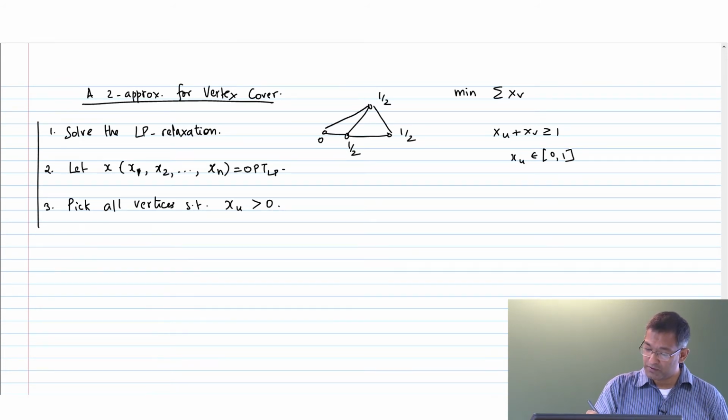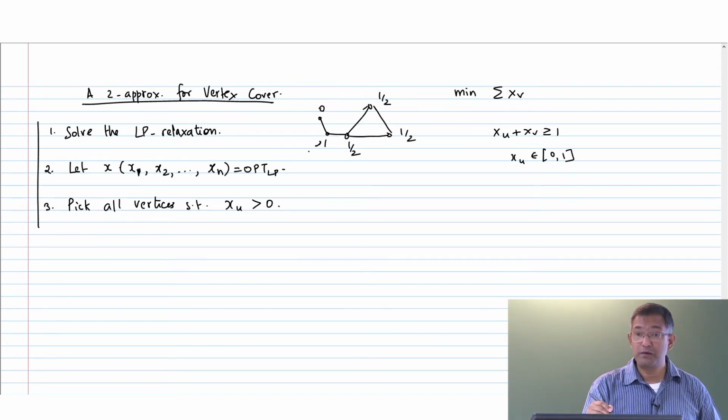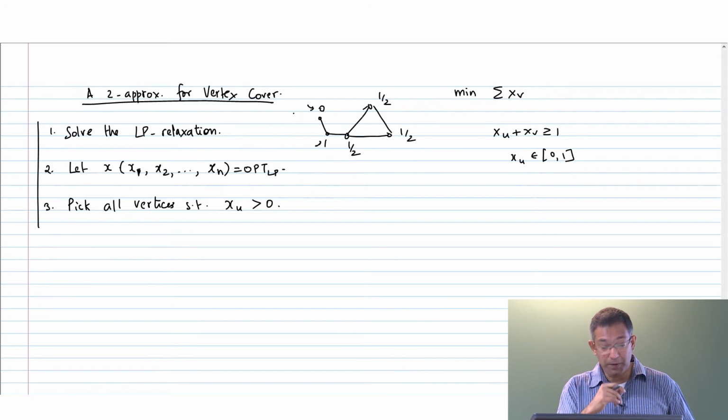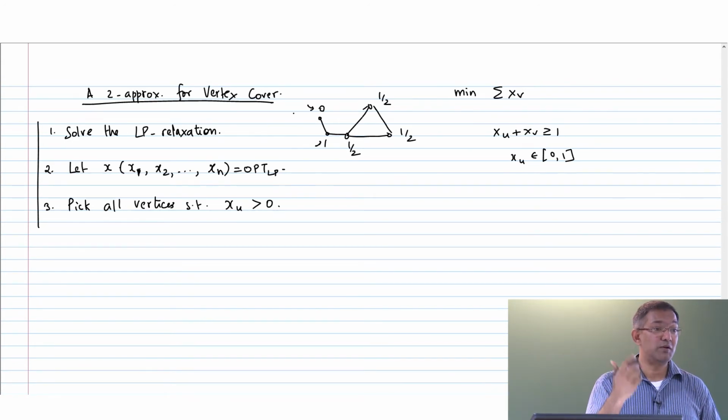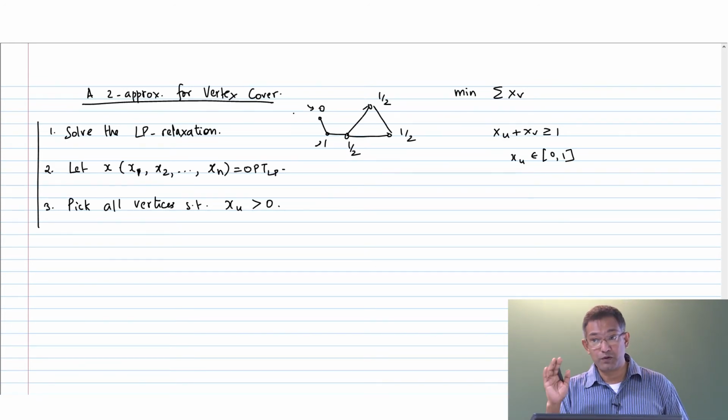So I should change it. That's 1, and that is 0. So I can modify the picture where this vertex has value 1 from the linear program, and this vertex has value 0. Now this is a feasible solution. I don't know if it's optimal, but let's assume that it's true. I claim that just picking all the vertices with value that is positive is a feasible solution, and it's a good solution for the problem.